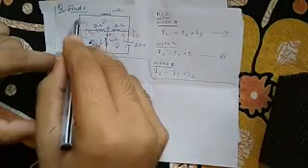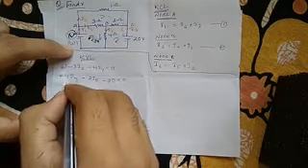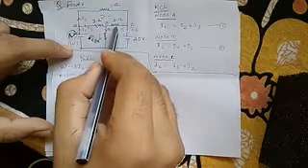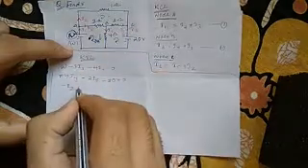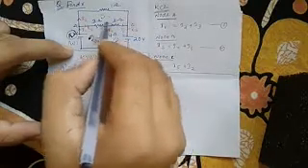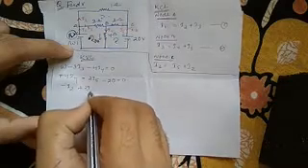Okay, for this one, minus I2. The current is in this direction and we are going in the opposite direction, so plus 2i5.